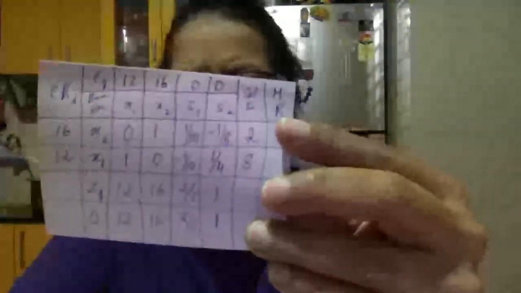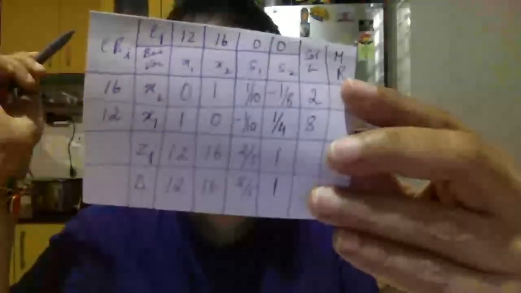How much is that? Work out. 12 into 8 is 96, I think. 96 plus 32. How much is 96 plus 32? 128. I'll write that answer here. So this will be the answer.